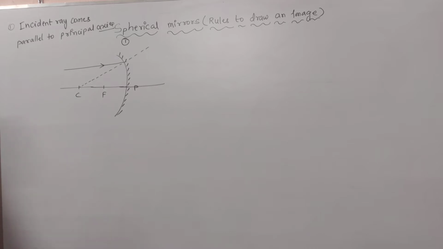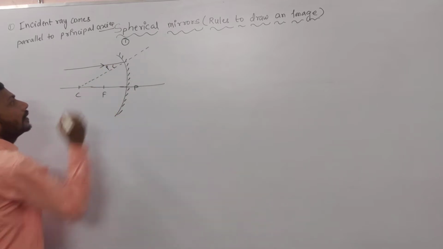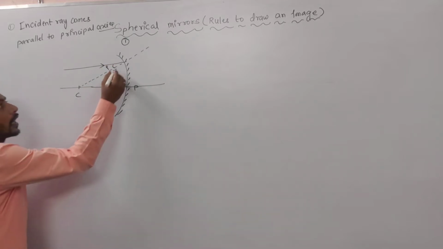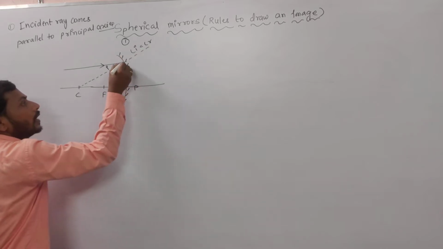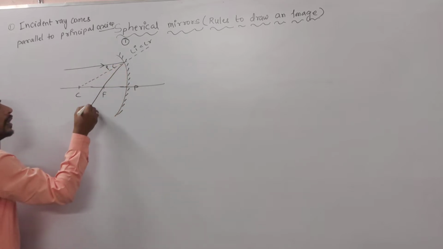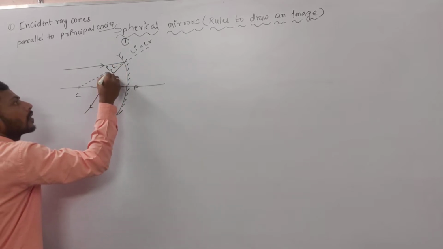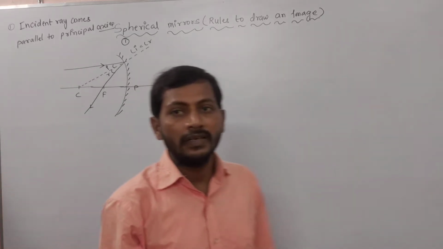Why is it the normal? If you have a doubt, please see the previous video. Second, this angle is called I. According to the rule, angle I equals angle R. When it travels, with angle I equal to angle R, it passes through the focus. So our first rule is completed.